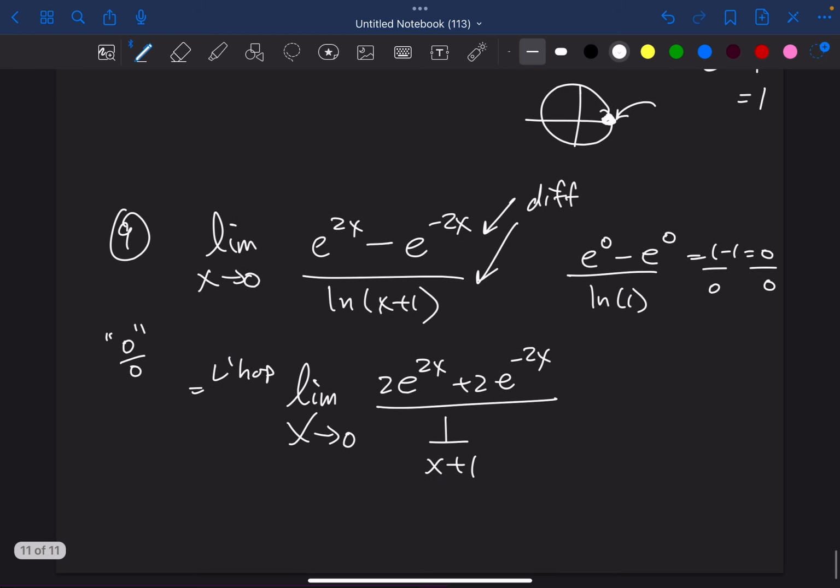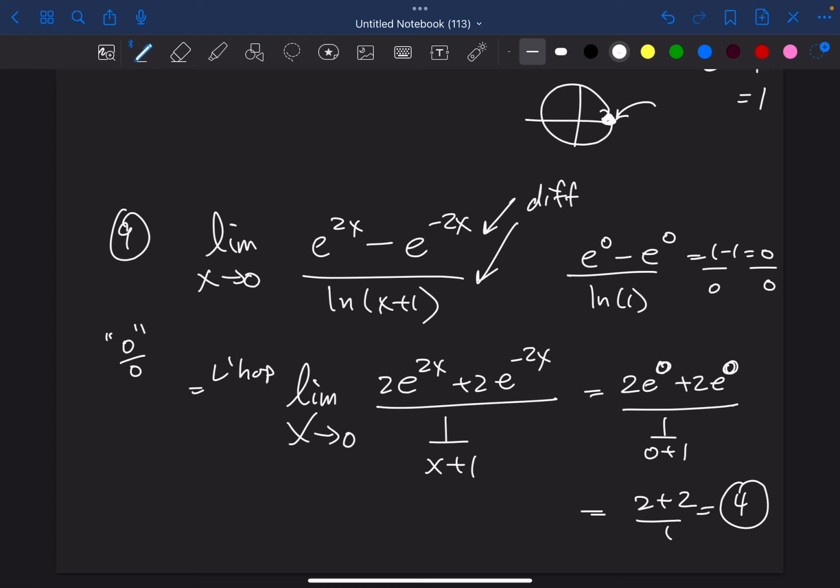And so now if you let x go to 0, on top you're going to have 2e to the 0 plus 2e to the 0 over 1 over 0 plus 1. So you're going to get 2 plus 2 over 1, which today and today only is 4. Right?